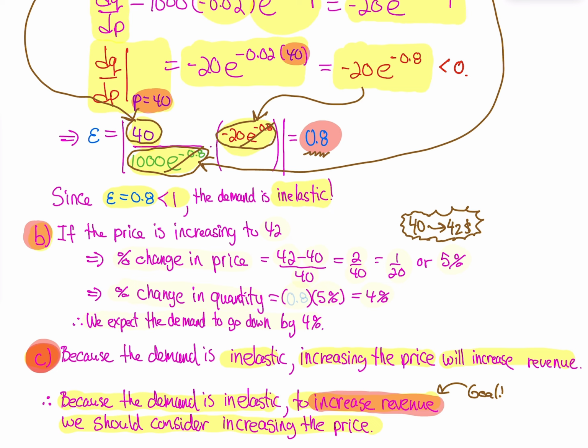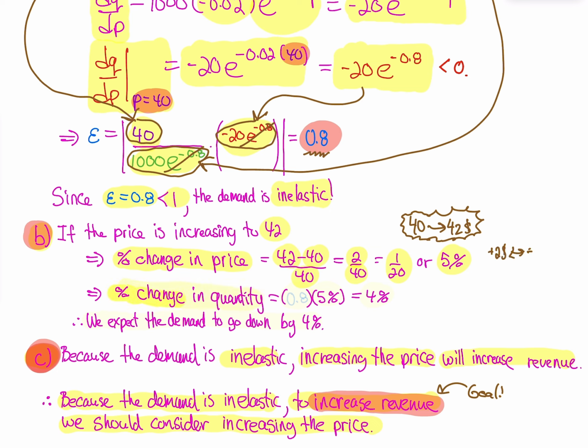Remember, it's always in percentage here. The percentage of the price increase is the new price minus the old price, so 42 minus 40, over the old price. It's an extra $2 on a $40 item, so this is 1 over 20, or 5%. So a $2 increase is a 5% increase.